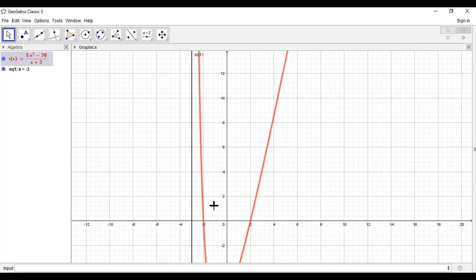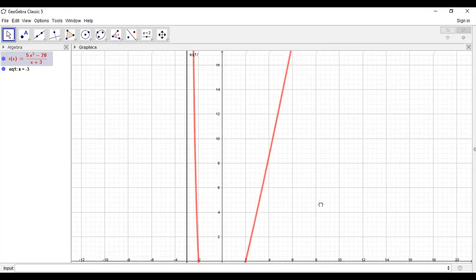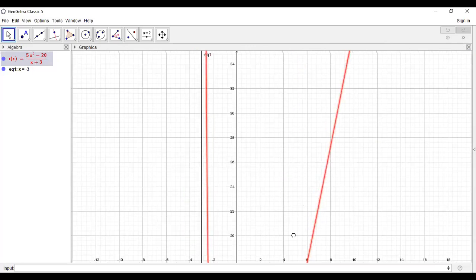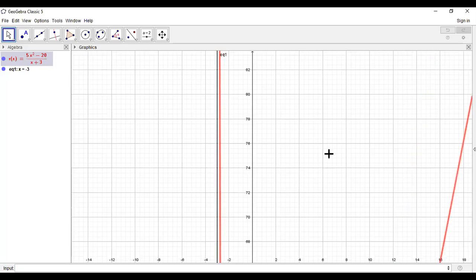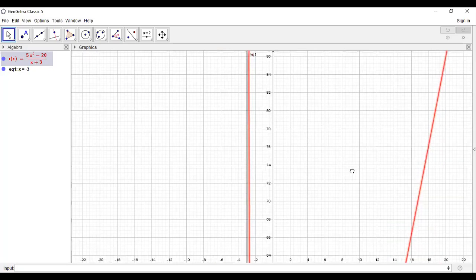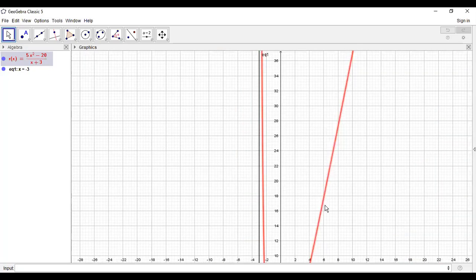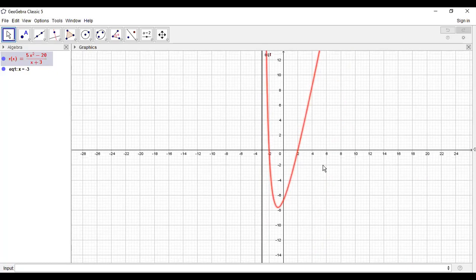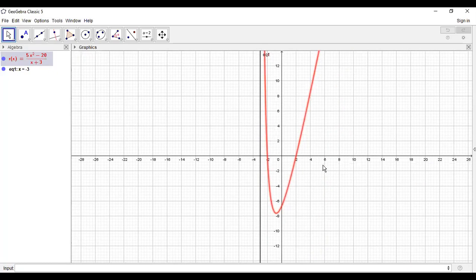Pag graph kasi natin yan siya, straight line yan siya patayo. Kung mapapansin nyo, yung red, padikit ng padikit doon sa ating black. Pero actually, hindi yan talaga siya didikit doon. Yan yung tinatawag nating asymptote.